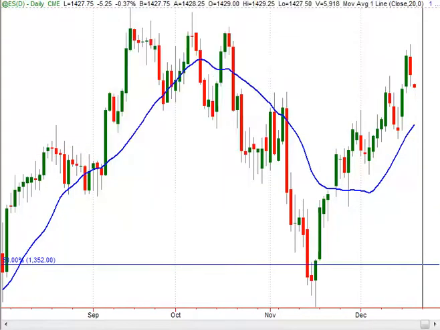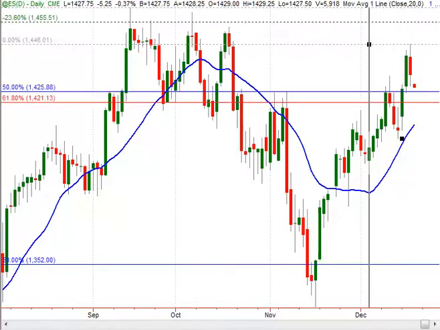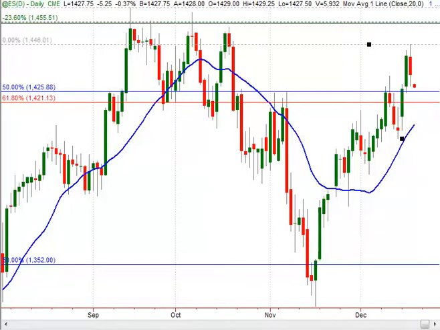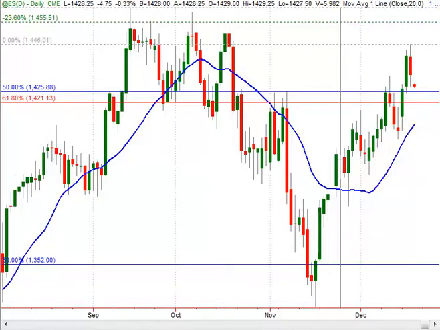The next direct level of support is going to be the 1425, or a continuation higher, and the continuation would lead price to previous highs at 1455. So that's what we are looking at the moment.